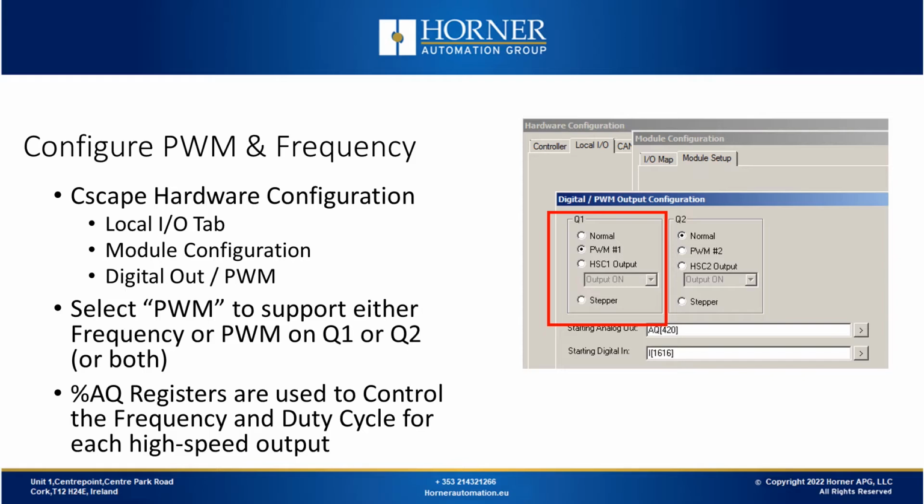When configuring them for frequency or PWM, we're going to select the radio button for PWM. Then we can use registers assigned to the high-speed output functions for duty cycle and frequency. By manipulating those AQ registers for frequency and duty cycle, we can either fix the frequency and vary the duty cycle, or we can fix the duty cycle and vary the frequency.